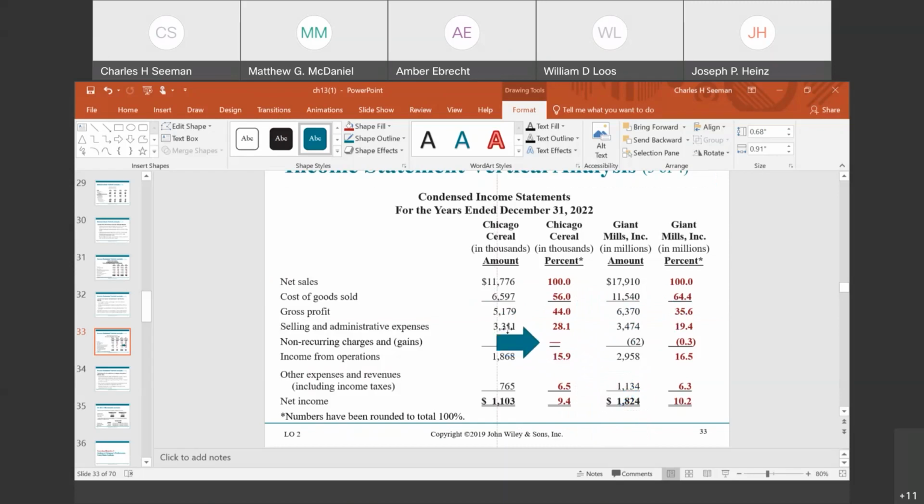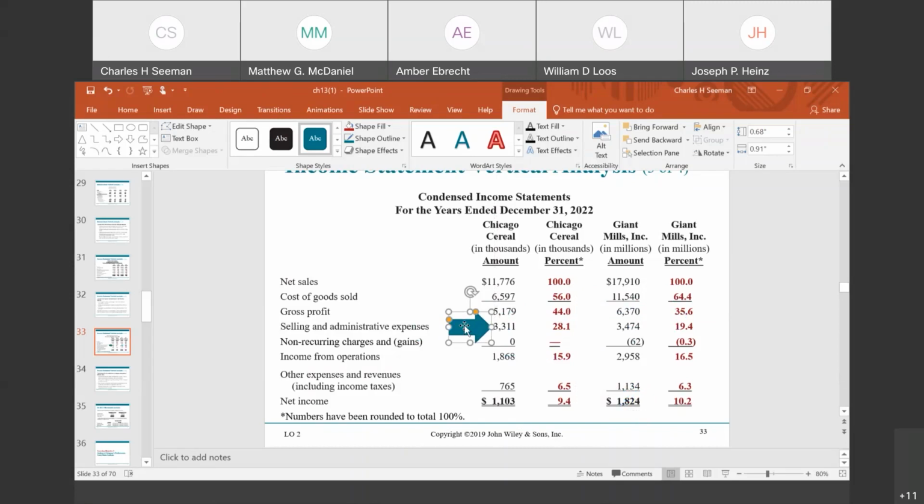In this case, Chicago Cereal has a much higher percentage of selling and administrative expenses than Giant Mills, 28.1 to 19.4.